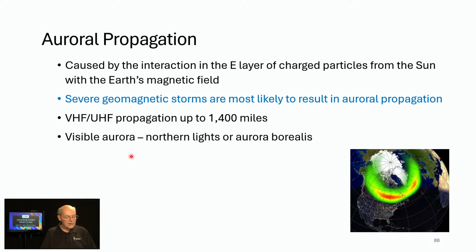So visible aurora, the northern lights, aurora borealis, also happens at the South Pole, called the Aurora Australis. The signals, because of what they're having to travel through, are usually fluttery and kind of have a buzz. The 2 meter band is often used, and CW is the mode of choice in getting through with that strange propagation mechanism.